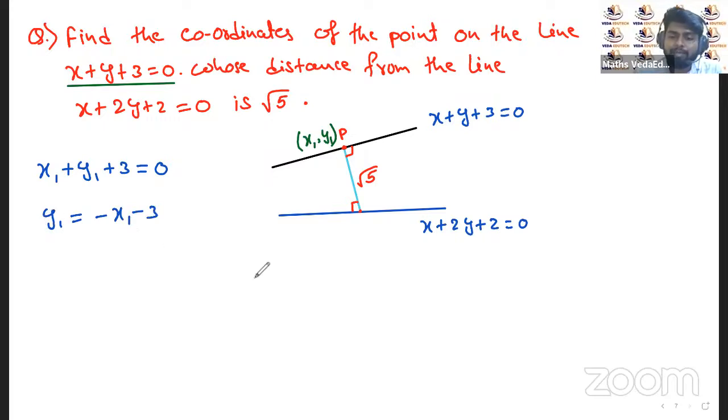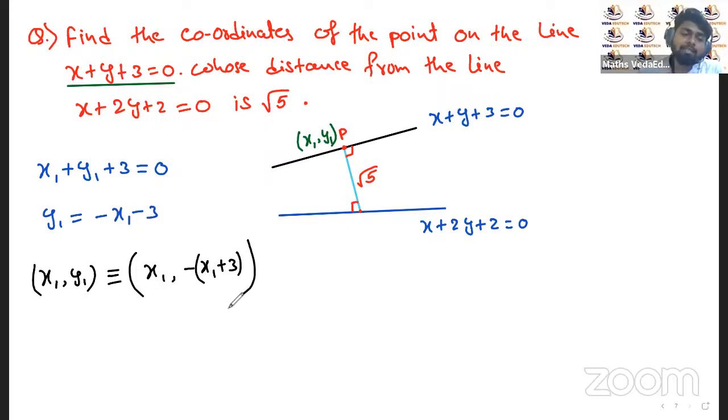Now we have the P coordinates, that is x1 comma y1. So x1 comma y1 is nothing but x1 comma minus x1 minus 3, or we can take the minus sign common, so minus of x1 plus 3. We have the coordinates like this. Now what we need to do is find the distance from this point to this line, the perpendicular distance.